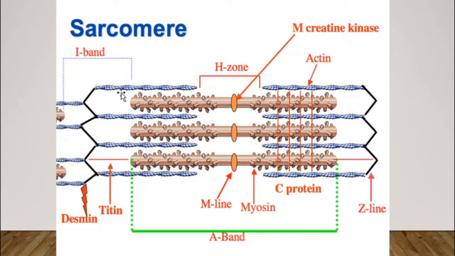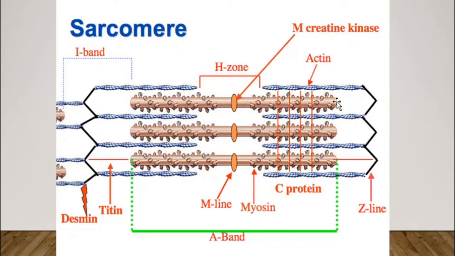Okay, so the actin filaments are attached to an I band. So this is our I band. It shows a Z line in appearance, while the myosin is located between the actin filaments.